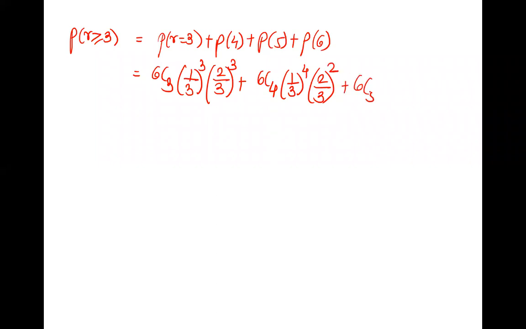Plus 6C5, 1 by 3 raised to R, R is 5, 2 by 3 raised to 6 minus 5, 1. Plus 6C6, 1 by 3 raised to 6, 2 by 3 raised to 6 minus 6, 0. Solve this. Tell me answers one by one.